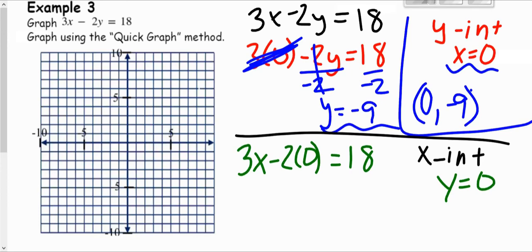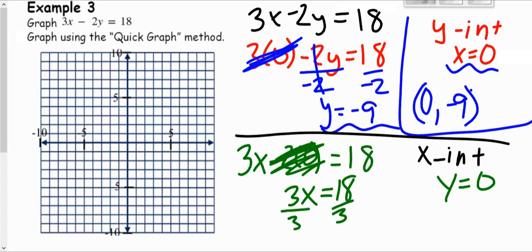And again, what happens when you multiply something by 0? It cancels. So now I have 3x equals 18. What do I do next? We divide by 3. I get x equals 6. So what's my ordered pair? 6, 0.